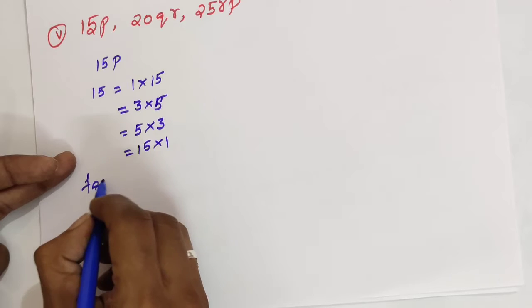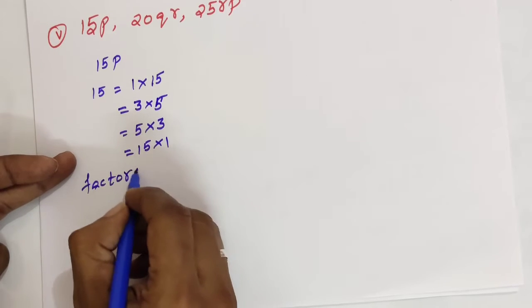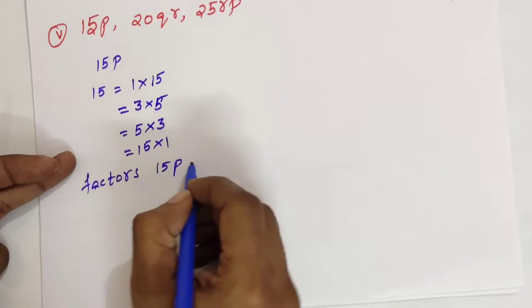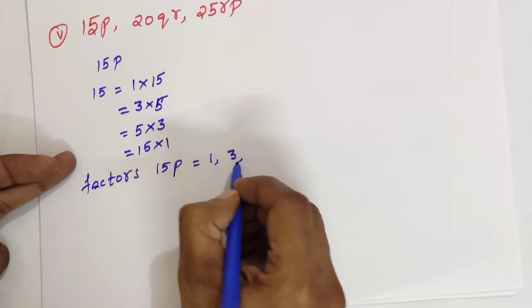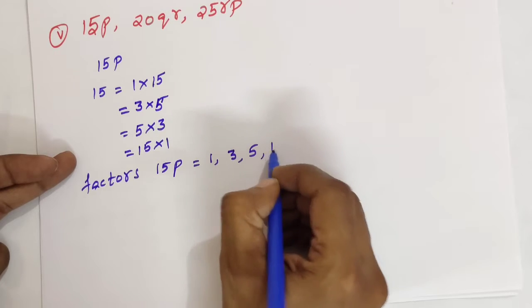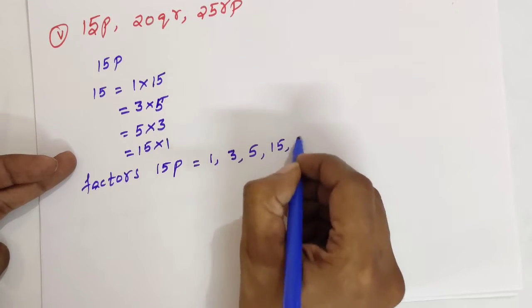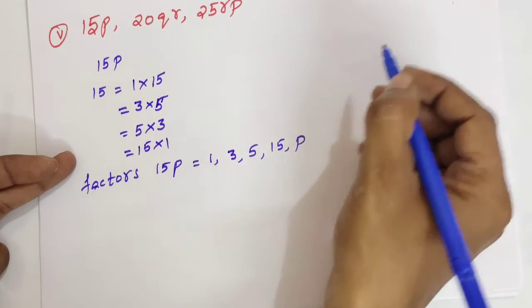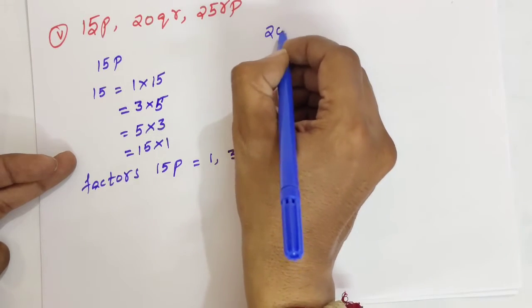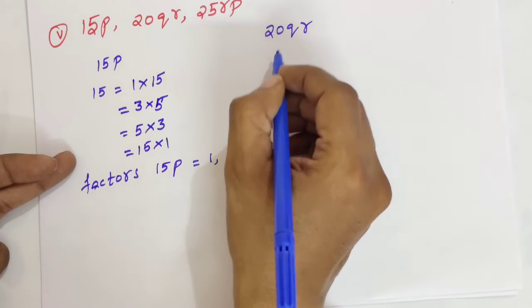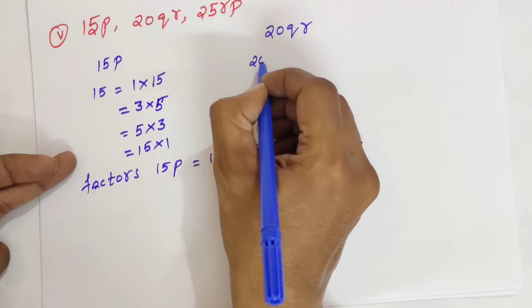So the factors of 15p simply you can write 1, 3, 5, 15 and p. Okay, now say children, next 20qr. Here also you have to take 20 separately.